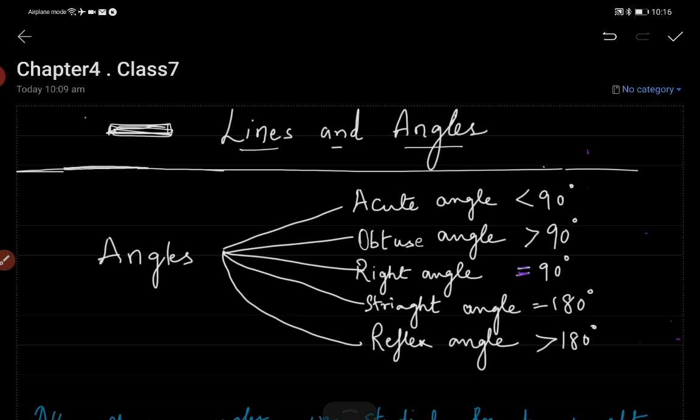And what is a line segment? A line segment is a line joining any two points, or you can say it's the shortest distance between any two points. What is a ray? A ray is a line which is extending in only one direction.